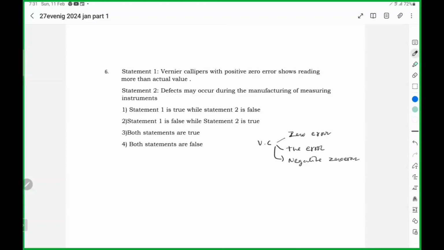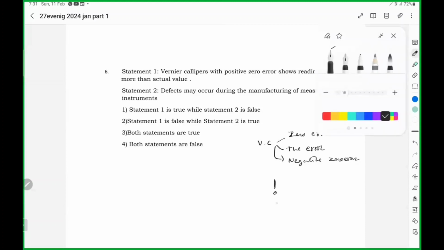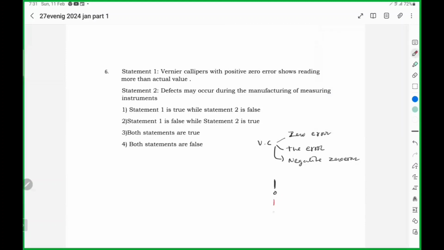Three cases. In this case, main scale zero coincides with vernier zero. It is main scale zero, it is vernier scale zero. So here, no zero error.